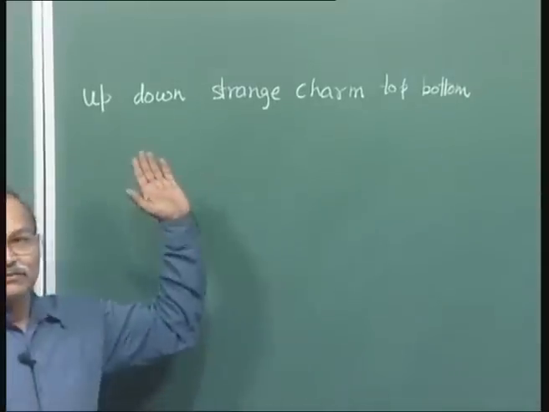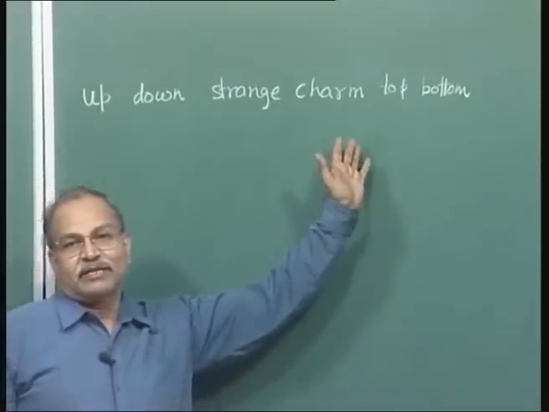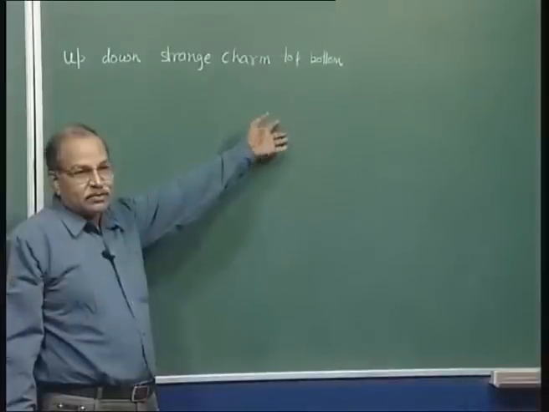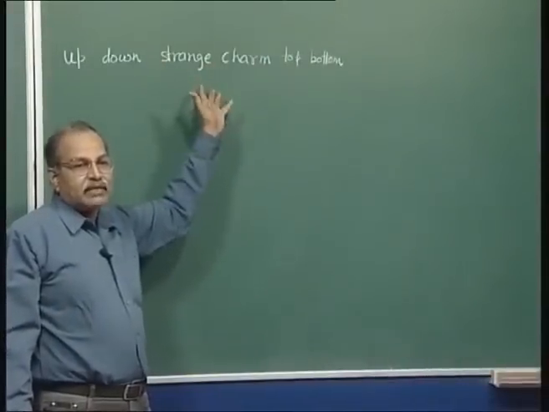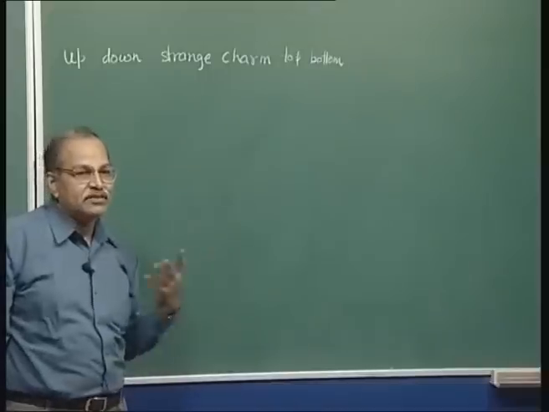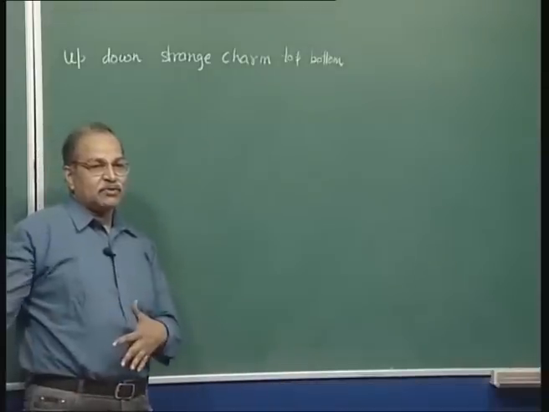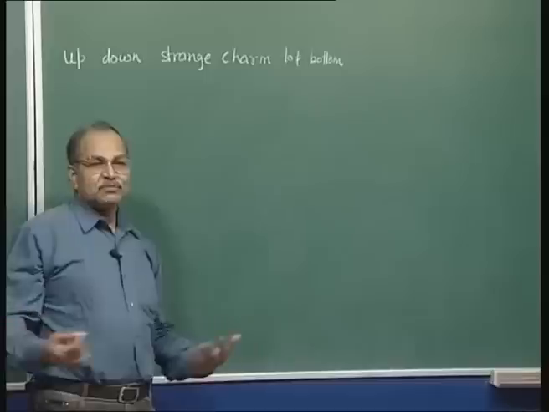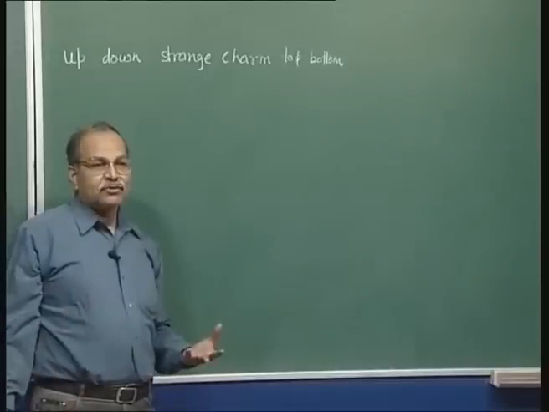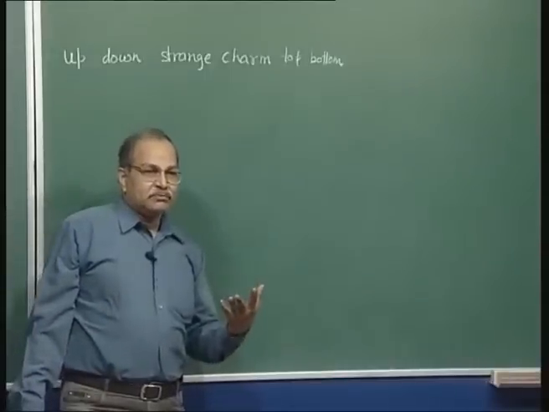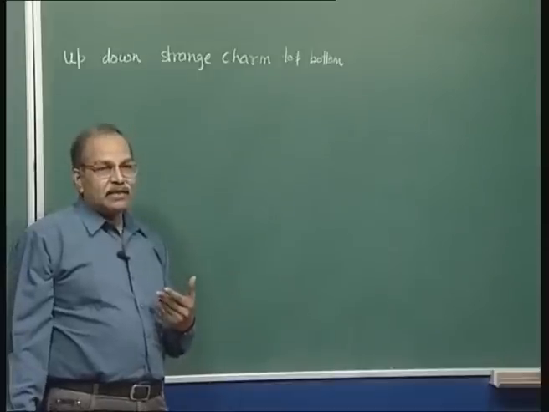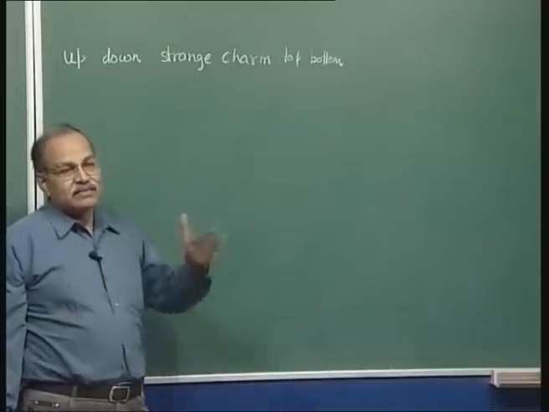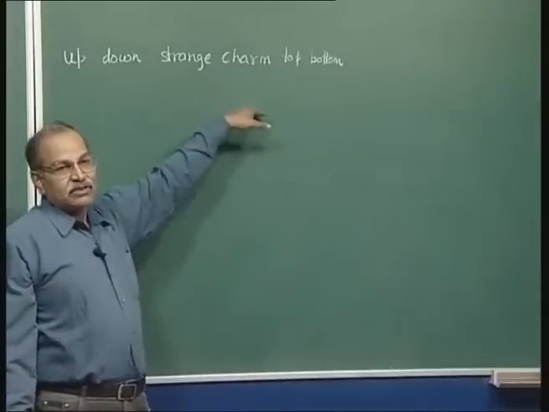So, 6 flavors of quark, and they have antiparticles also, anti-quarks. So you have 6 plus 6, 12 different kinds of quarks, and then you have leptons, and these quarks and leptons make the entire universe.